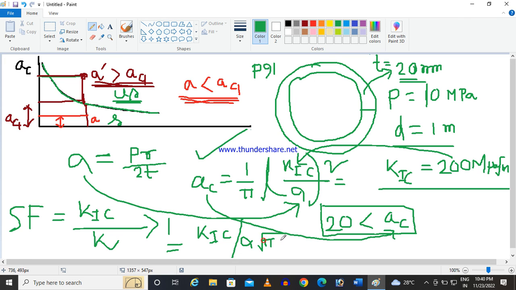So here the sigma is this sigma, and a is the thickness of the vessel.